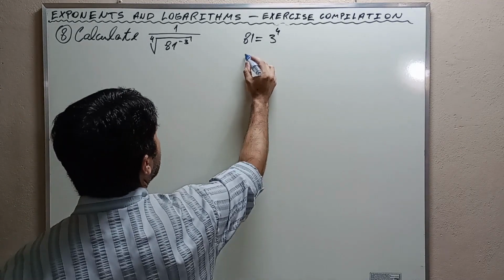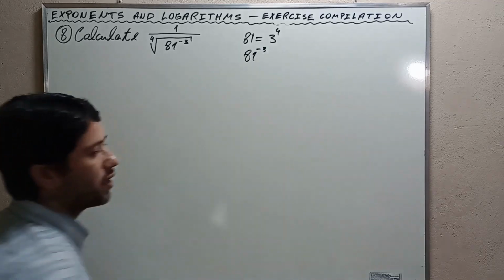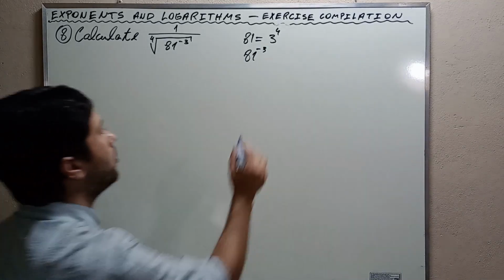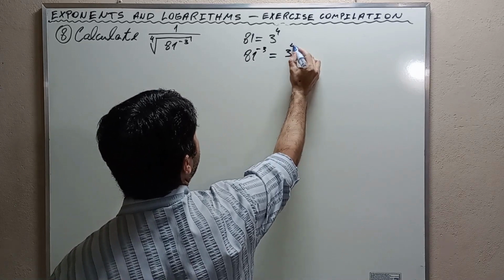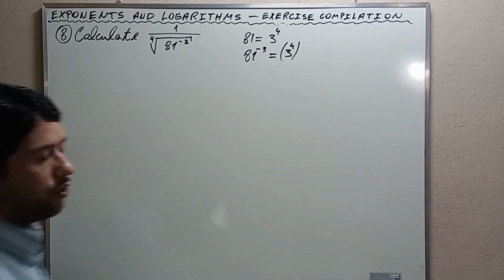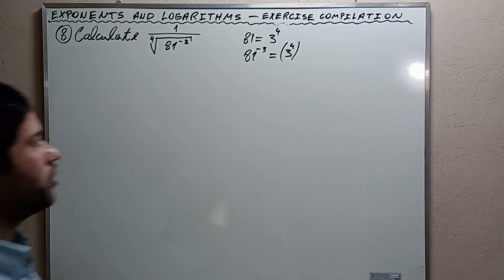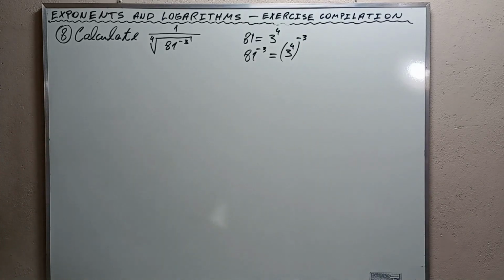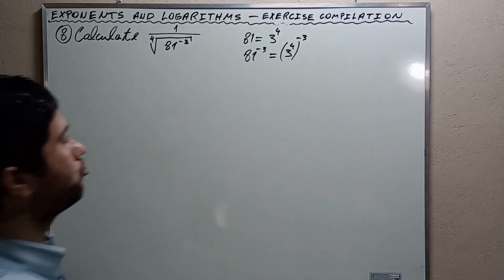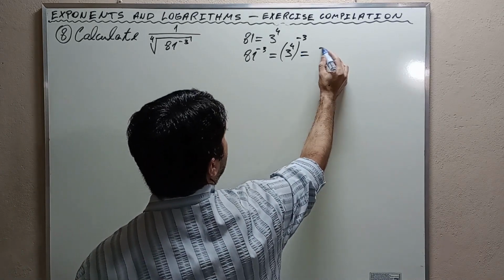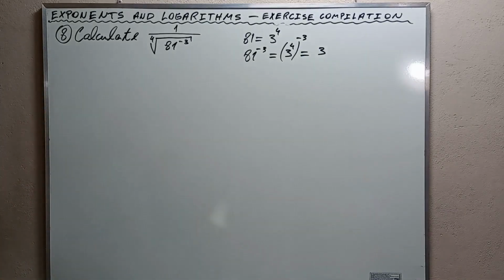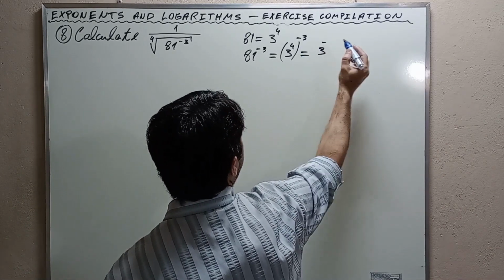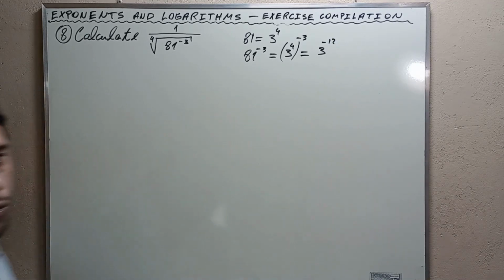Consequently, 81 to negative 3 is equal to 3 to the 4th raised to the power of negative 3. And we are going to multiply them. 4 times negative 3, and then it is the power of negative 12. 3 raised to the power of negative 12.